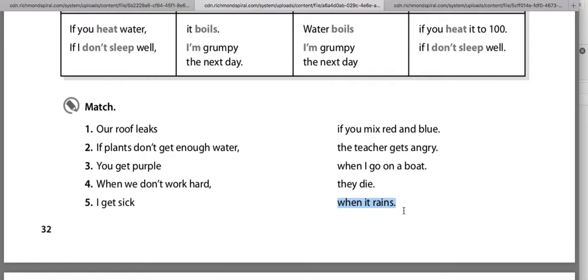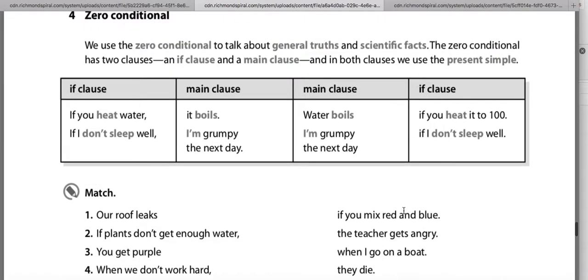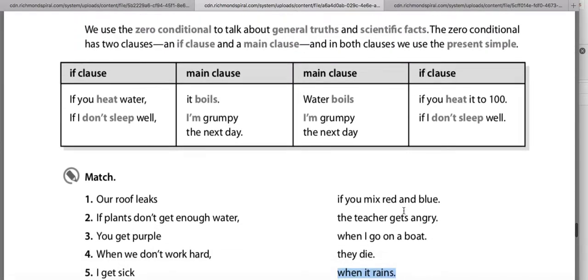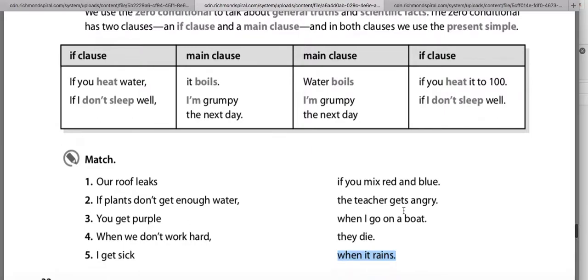Perfect. Don't forget that we can use also when and if like clauses, if clauses or when clauses, both. In the main clauses we can use when or if.